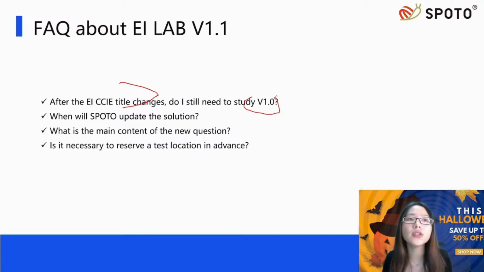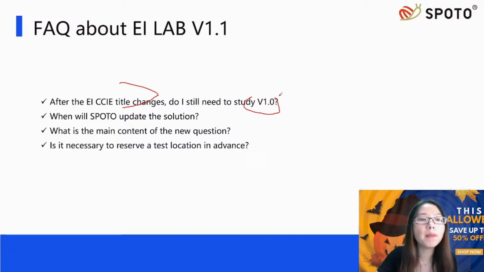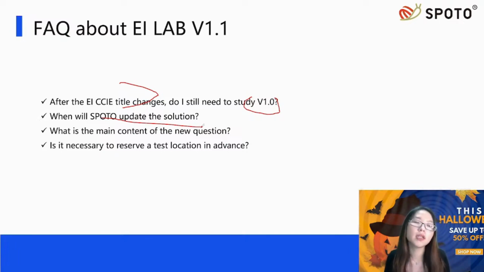So according to Cisco's past trends, both version 1.0 and version 1.1 need to be mastered and randomly selected. The second is when SPOTO will update the solution. It may take about 2 months for SPOTO to update the solution. But you can contact our CCIE tutor at any time to confirm the specific update progress.